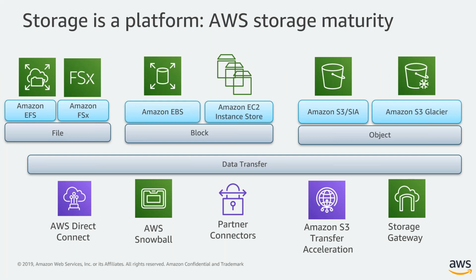And just the point here with partner connections is that Direct Connect comes in 1 or 10 gigabit versions, but we do have partners that offer sub 1 gigabit versions if 1 gigabit is too much bandwidth for your site.